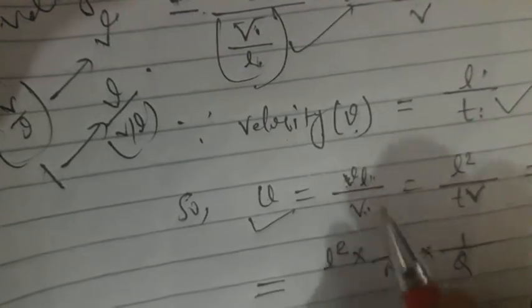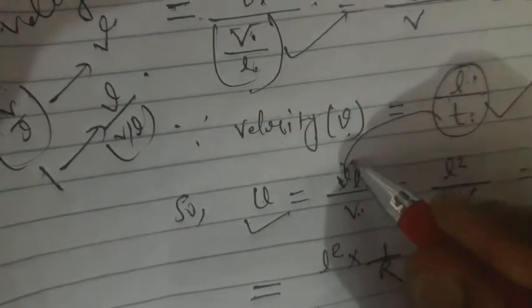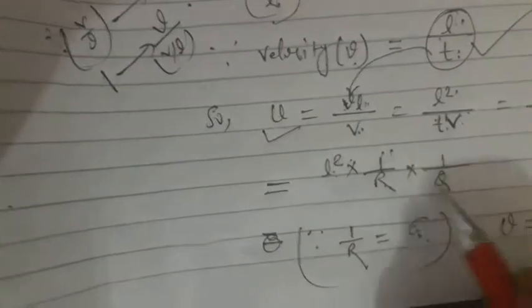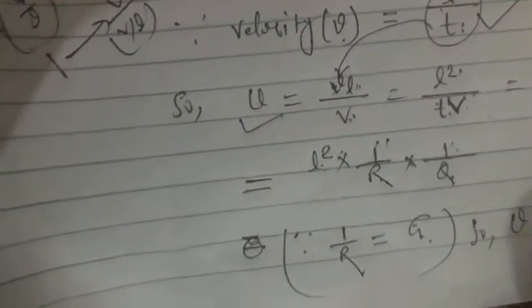By putting L by t in place of v, we get L square by t into V. This V can be replaced by IR, because of Ohm's law, V is equal to IR. So now this becomes L square and 1 by R, into 1 by I into t. I into t is Q, that is charge.